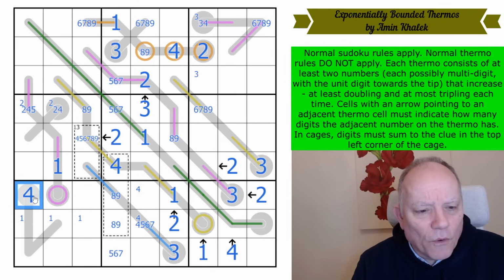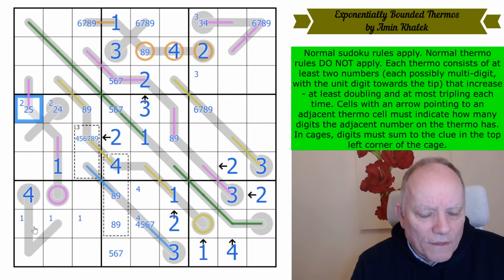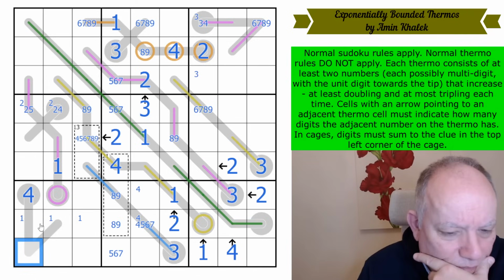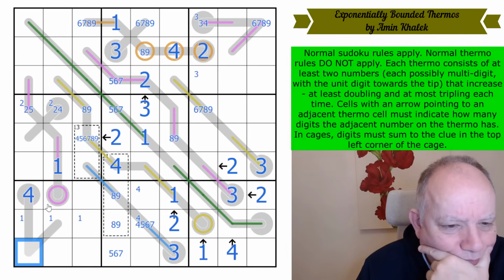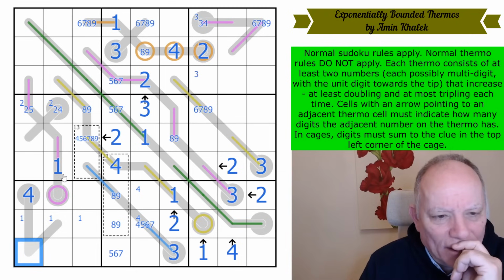That's always a 4, and I don't even know whether it's a single digit or a 2-digit number. Then, if it goes 1, 1, 2, this is an 8 or a 9. If it goes 2, 2, this is an 8 or a 9. This puzzle is weirding me out in every way.